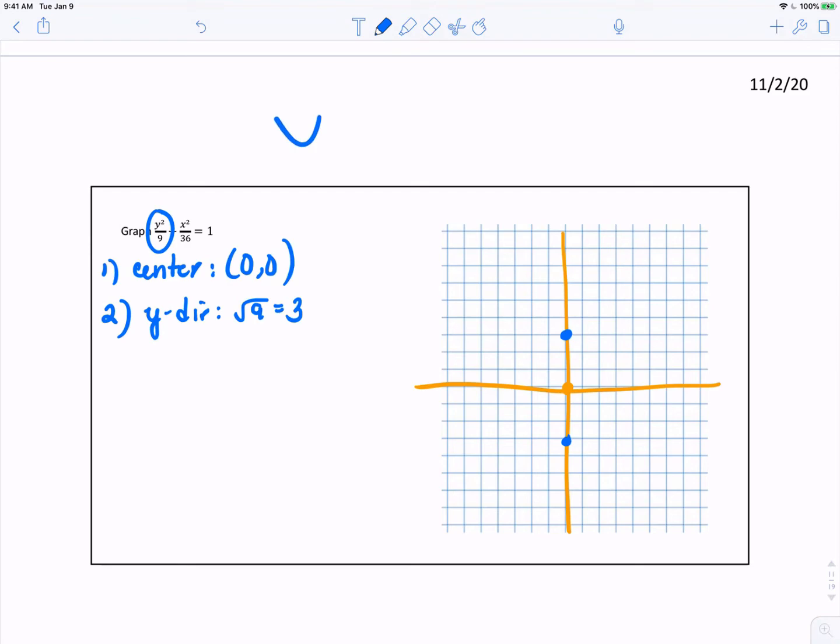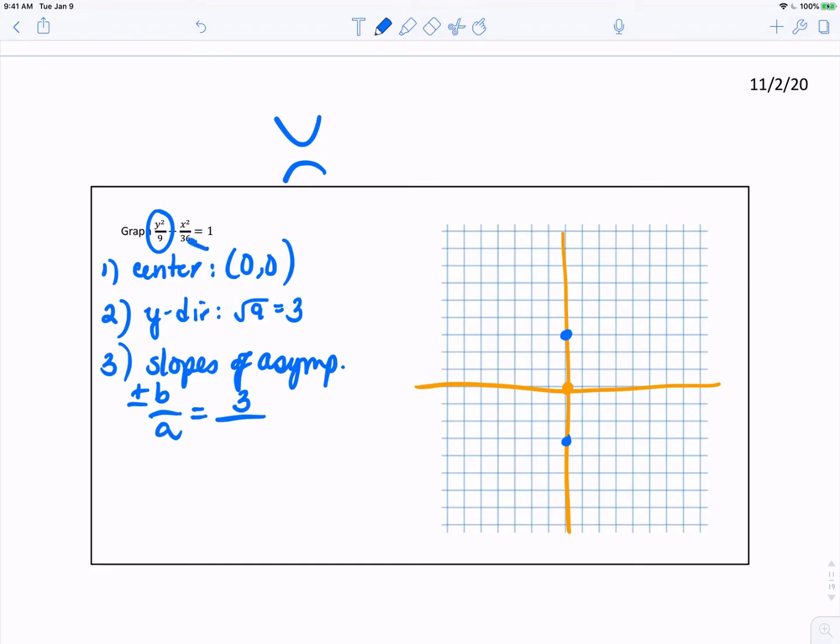So that tells us the orientation of the hyperbola is like this, but we need to know how fat or skinny the hyperbola is. So we're going to look at the slopes of the asymptotes. That's plus or minus b over a. B is always the square root of the number under y, so that would be 3.